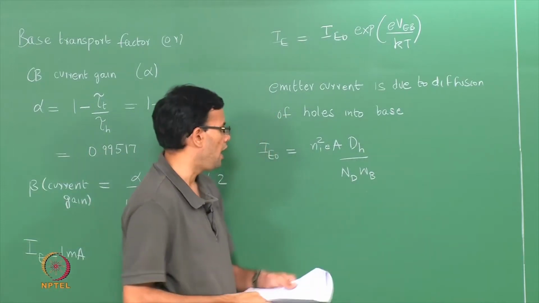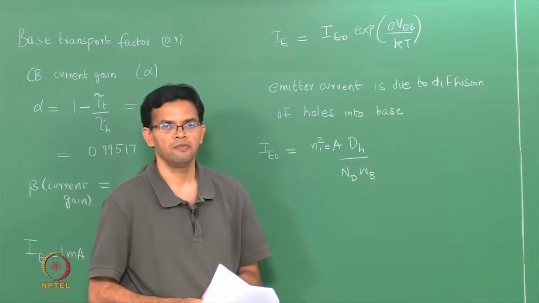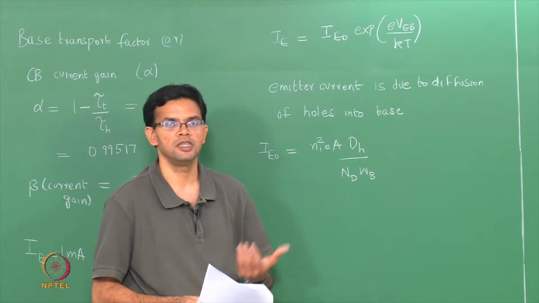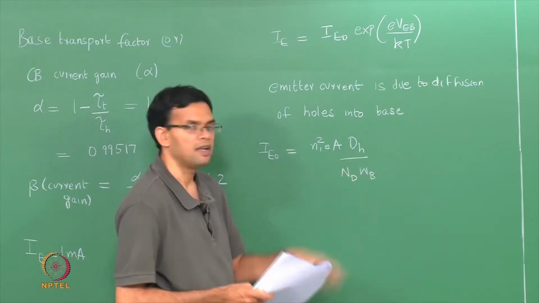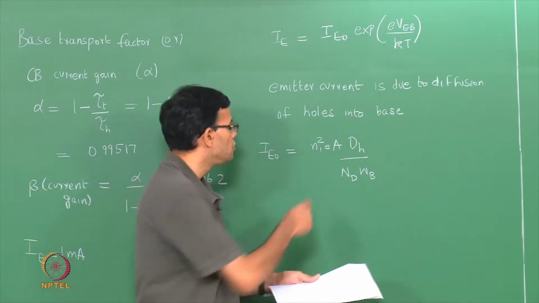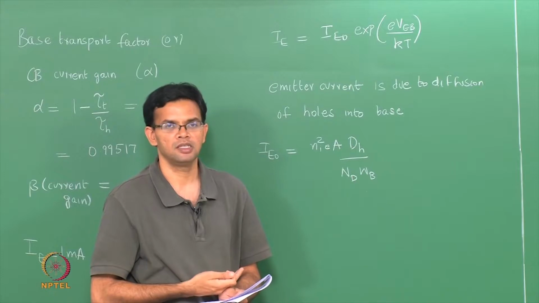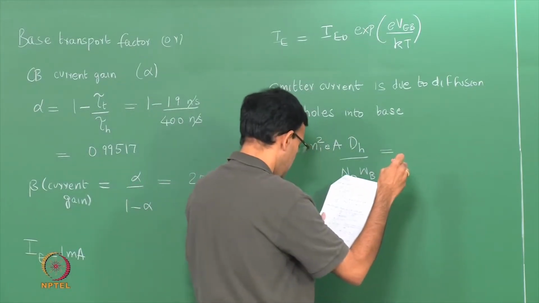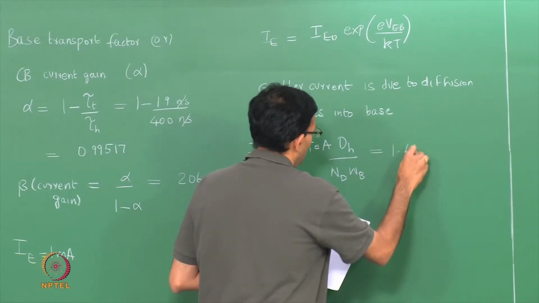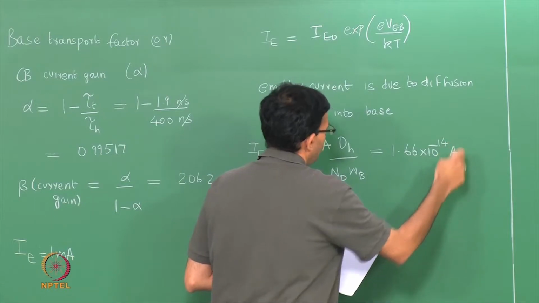So, here Nd, which is the concentration of electrons in the base, is much smaller than Na, which is the concentration of holes in the emitter. So, since it is 1 over Nd, this particular term will dominate. So, all of the values here are known. Wb is the width of the base, which is 2 micrometers. So, that this is equal to 1.66 times 10 to the minus 14 amperes.